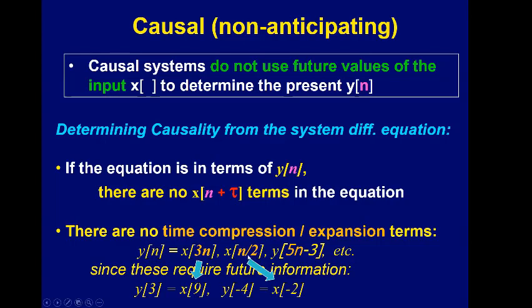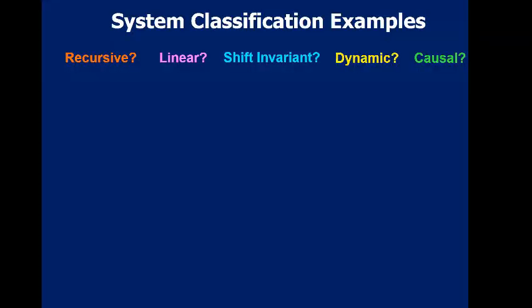Going the other way, if we have y of n equals x of n over 2, then if we're looking in the negative index direction, like if n equals minus 4, then computing the value of the output at index n equals minus 4 requires us to know x of minus 2, which again hasn't happened yet at index minus 4. So these compression and expansion terms would imply future information required depending if you're in the positive index or the negative index direction.